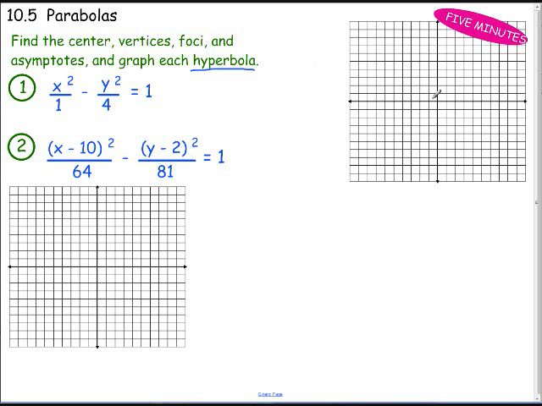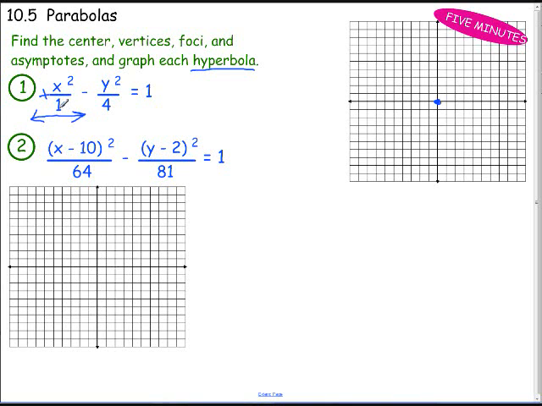We know where the center is on this one. It's right here at 0, 0, because nothing is being added or subtracted. We know it's a hyperbola because we have one positive and one negative term, and because it's the x term that's positive, we know the transverse axis is going to be horizontal.